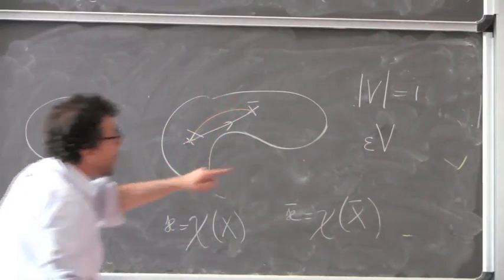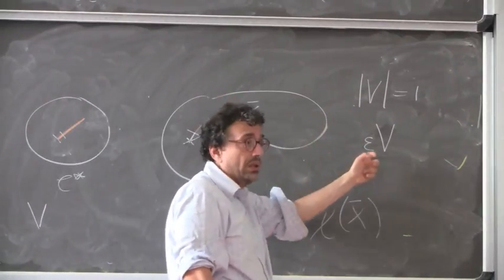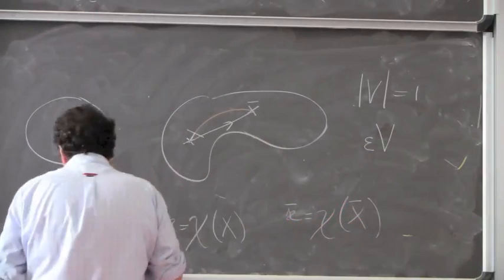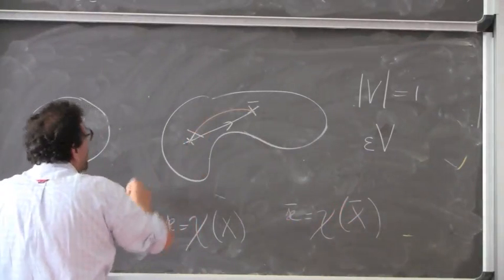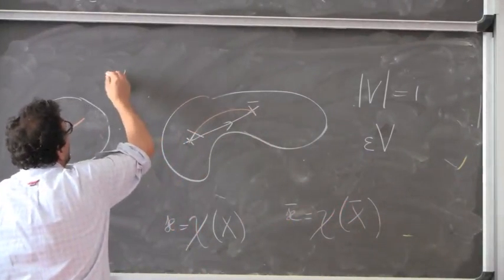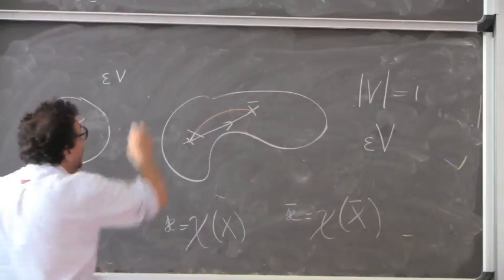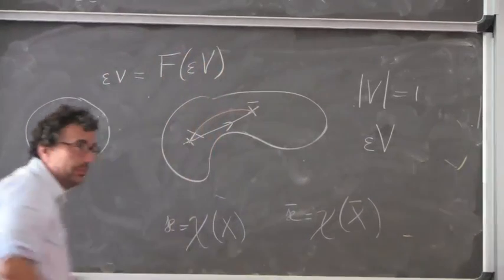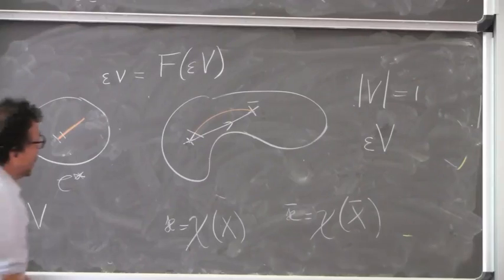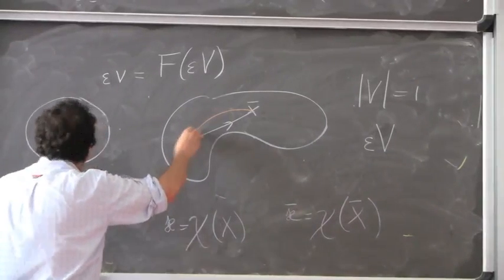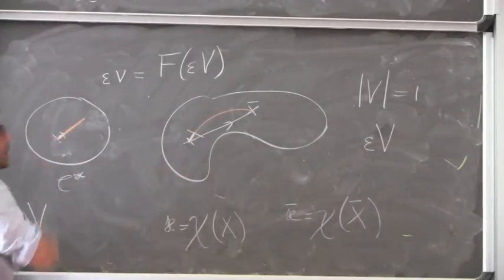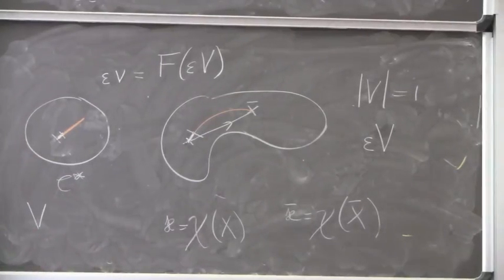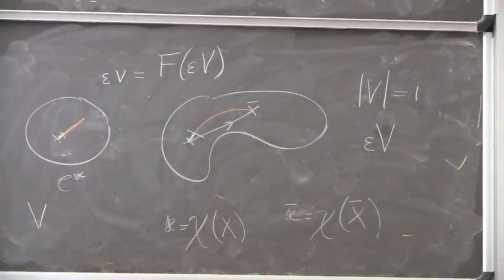Okay. If epsilon is small enough, then the vector F epsilon capital V, which is this small vector here, is a good approximation of the shape of this small segment in the actual configuration.